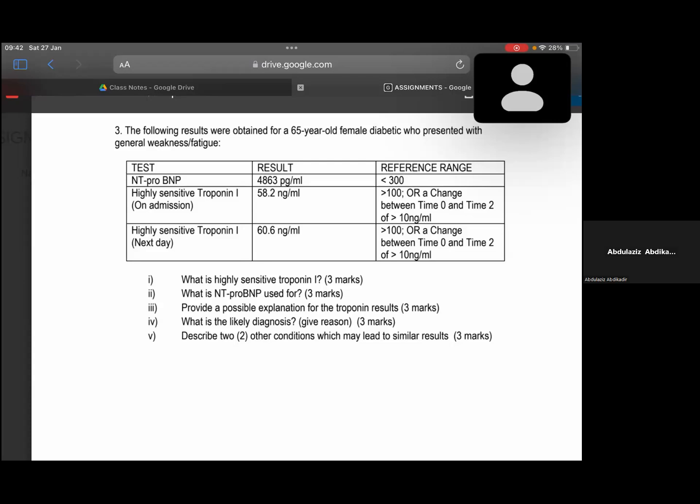I'm still waiting. Just say this is yes. The BNP is raised, yes. What about the troponins?